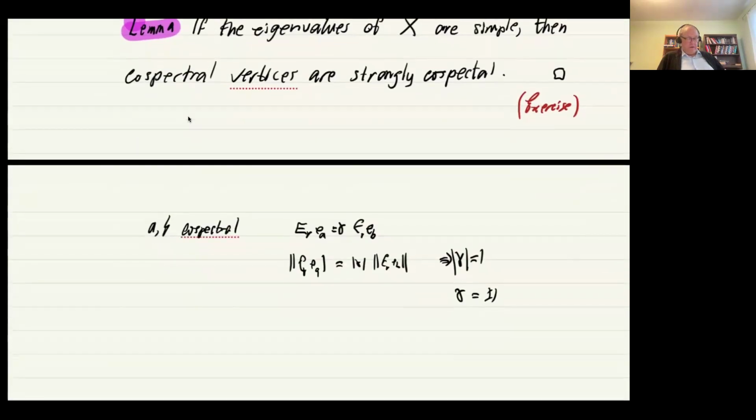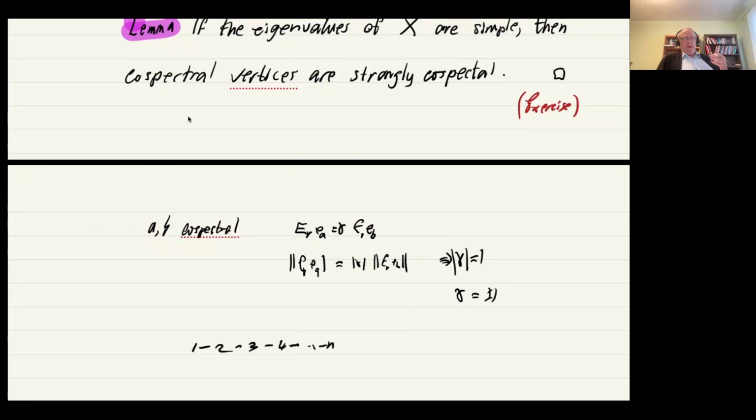Now, just to give an example of a graph with strongly cospectral vertices and simple eigenvalues, take the path. First thing is, suppose we have an eigenvalue theta which is not simple. Then I can find two eigenvectors. I claim I can find an eigenvector for the graph which is 0 on the first vertex.